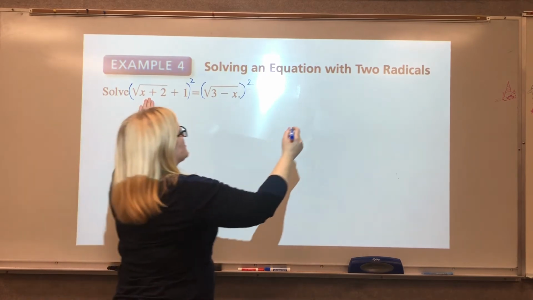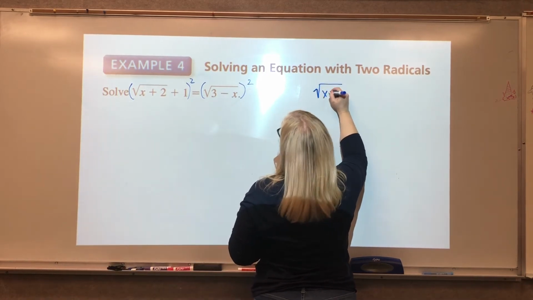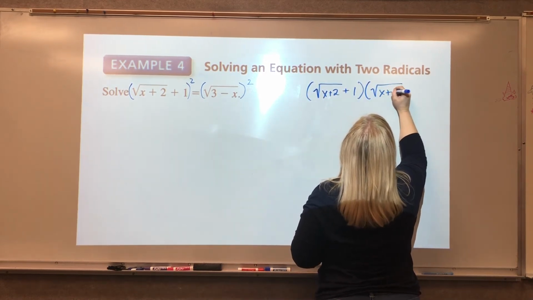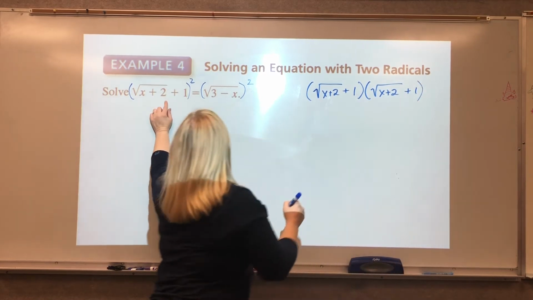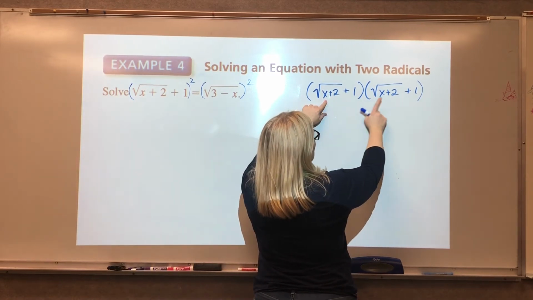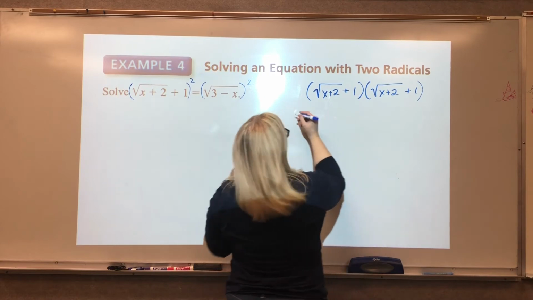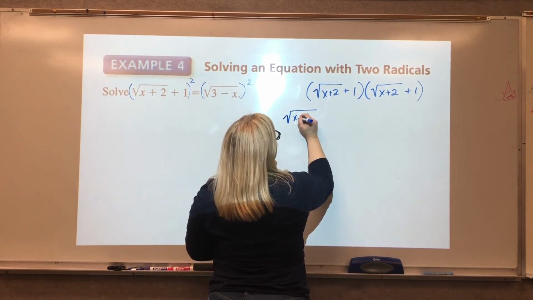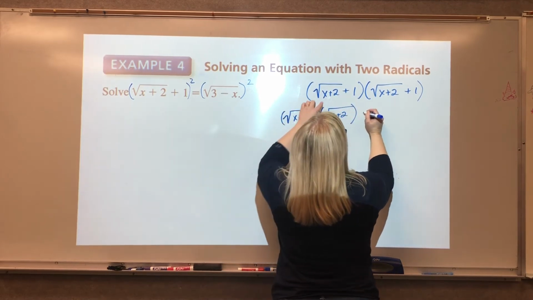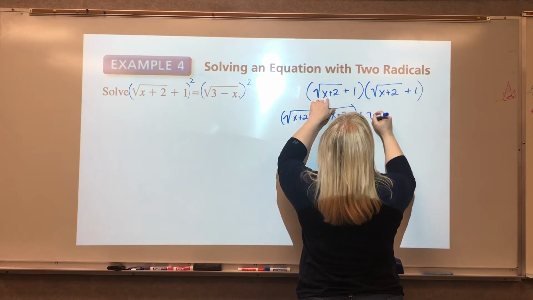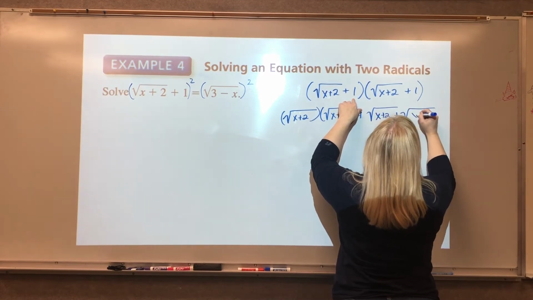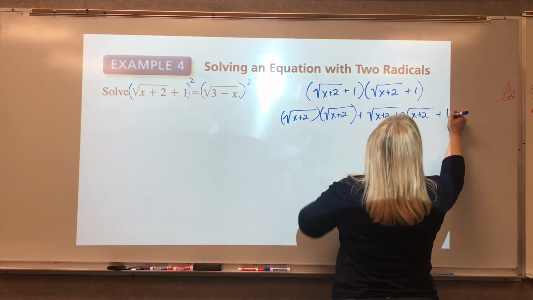Okay, so if I'm squaring the square root of x plus 2 plus 1, that means I'm multiplying it by itself, right? So if I FOIL this, the square root of x plus 2 times the square root of x plus 2, actually let me write this out. I'm FOILing, plus the outside, the square root of x plus 2, plus the inside, plus the square root of x plus 2, plus my last, which is 1.